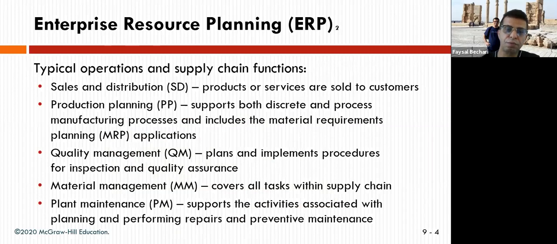Now, in enterprise resource planning, we typically have the operation and supply chain functions, such as sales and distribution, or SD, products or services added and sold to the customer. You have an application called production planning, which supports both discrete and process manufacturing and includes the material requirement planning, which is the MRP application.